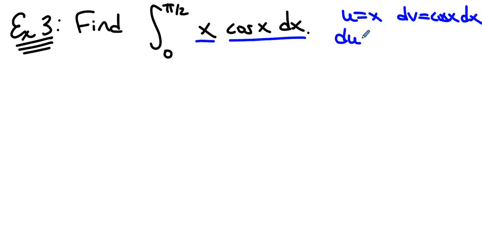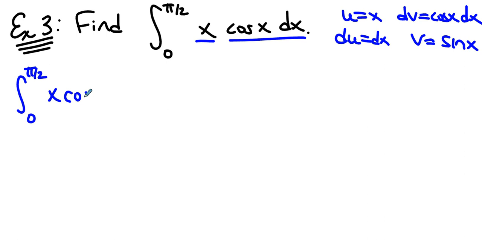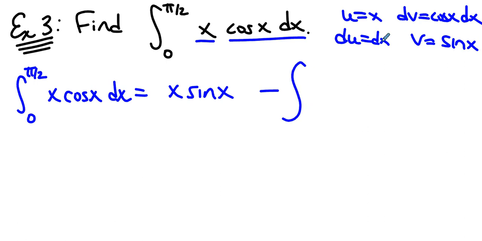And that's sort of confirmed when it's easy to take this derivative and it's easy to take this antiderivative. And so the integral from 0 to pi over 2 of x cosine x dx is uv minus the integral of v du.